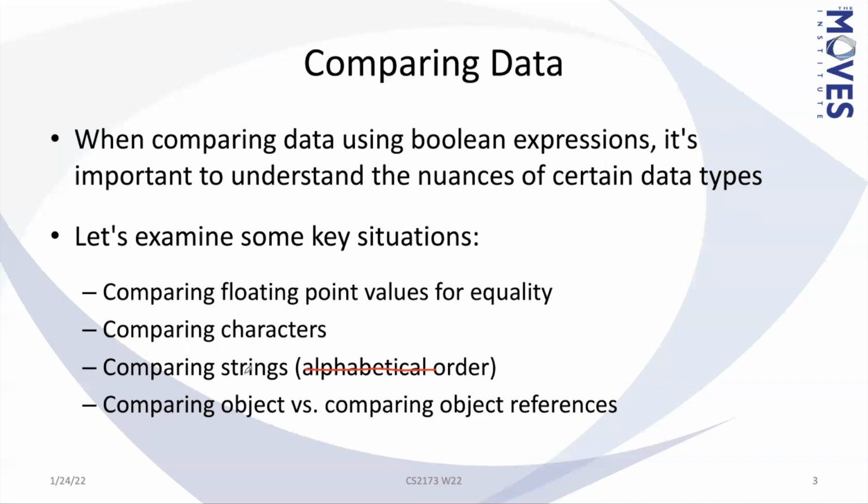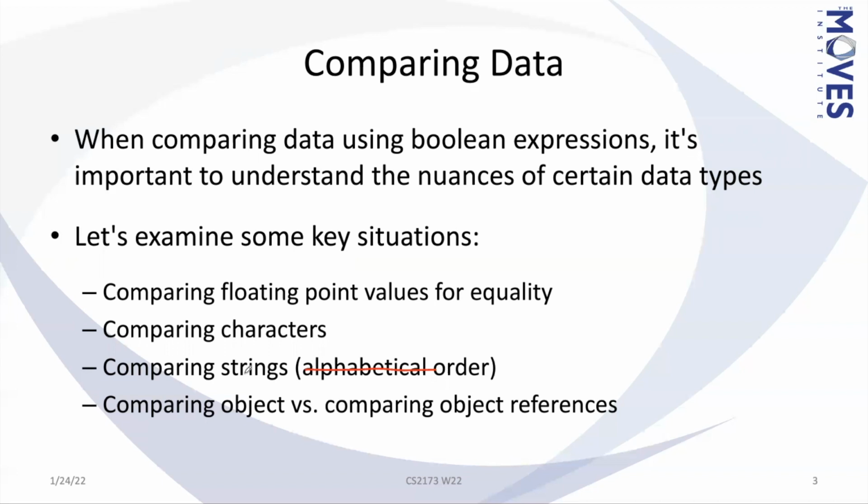So if you want to compare strings and think you're doing it alphabetically, then you're actually not. And then the key to understanding all of that is the idea of comparing the contents of an object as being the same versus comparing the object references as being the same.